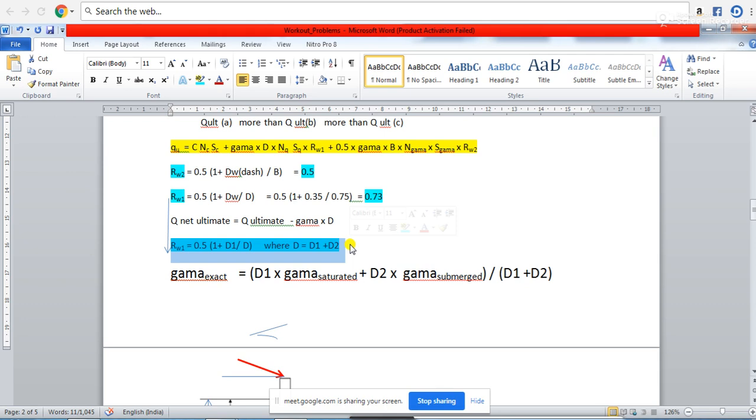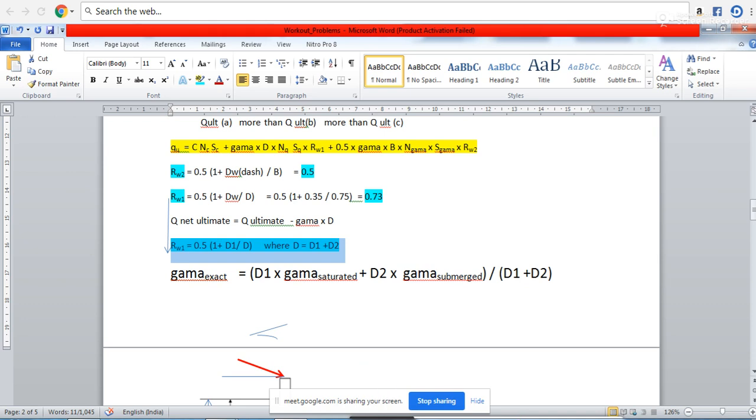Then you will understand what exactly the difference in the bearing capacity value is, and you will observe that the difference will not be very much. Okay, is there any other doubt? Otherwise I will go to the consolidation part.